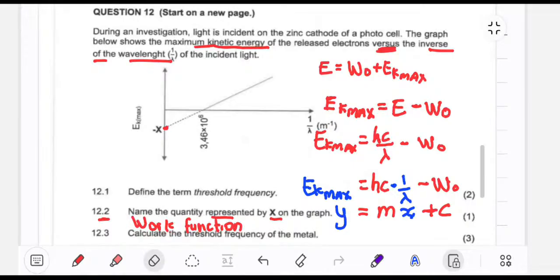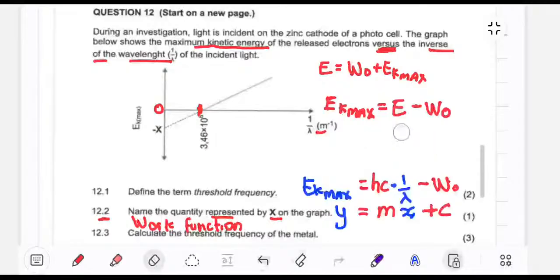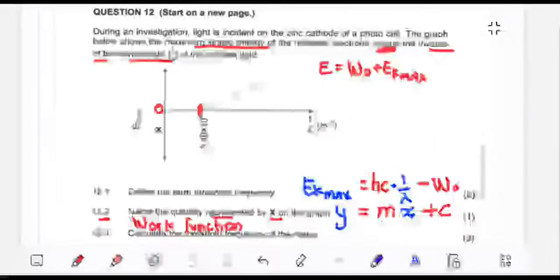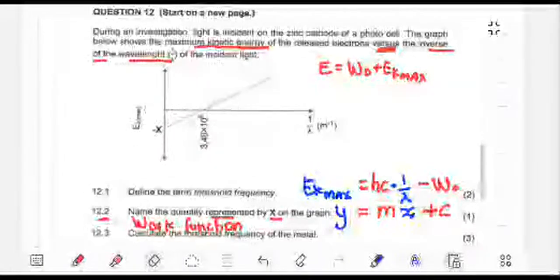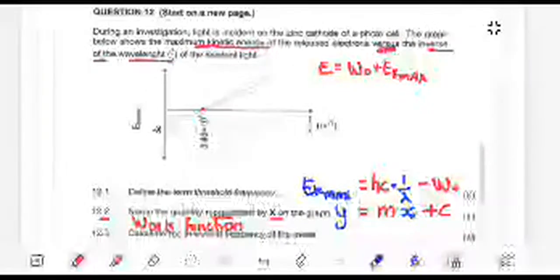I want to erase, not all of it, this part. 1 over wavelength is this.